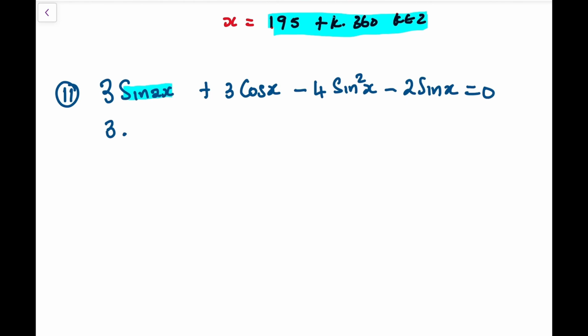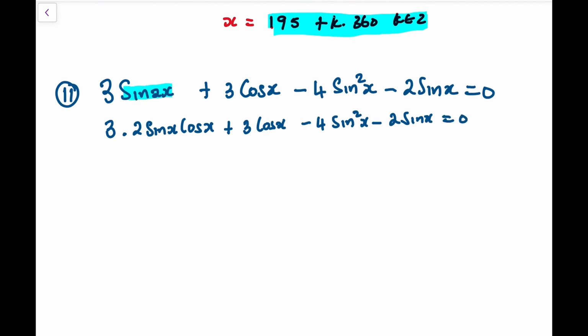So this is the same as 3 multiplied by, we change the double angle, which will be 2 sine x cos x, and then plus 3 cos x, and then minus 4 sine squared x minus 2 sine x is equal to 0.